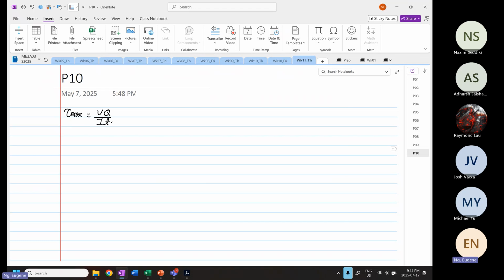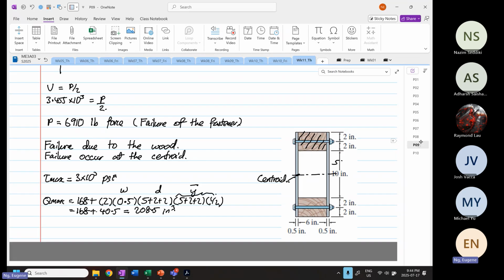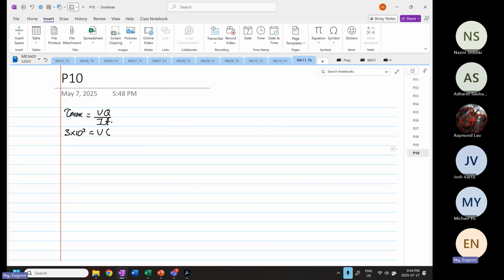So this is equal to 3 times 10 to the power 3. This is equal to V. Q we just found out to be 208.5. Second moment of area is 2902.